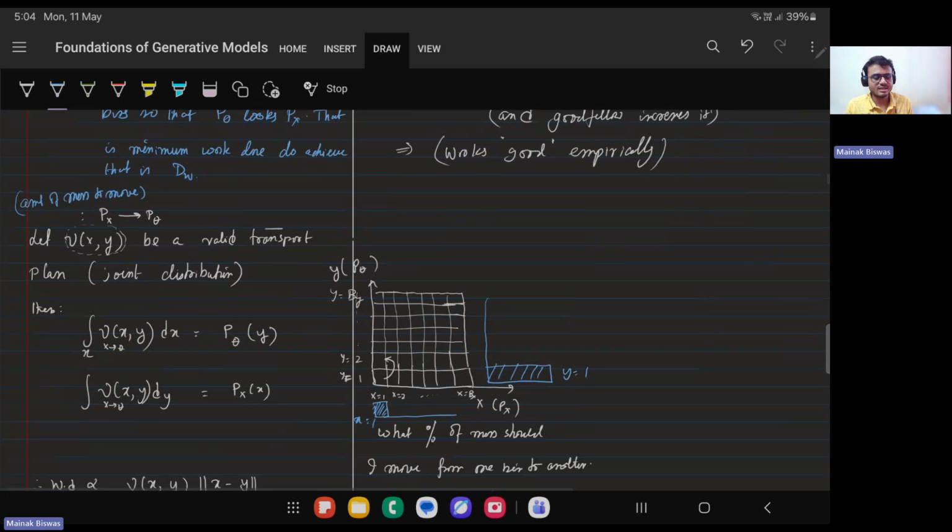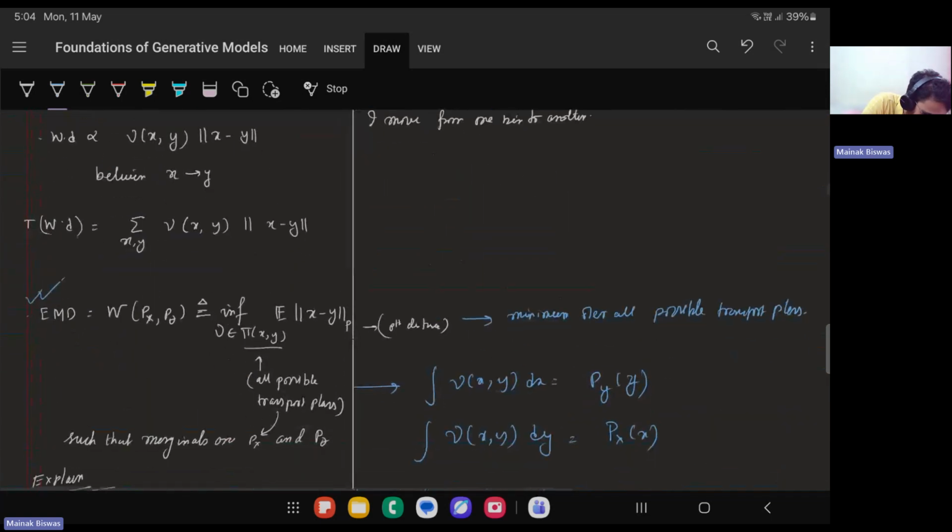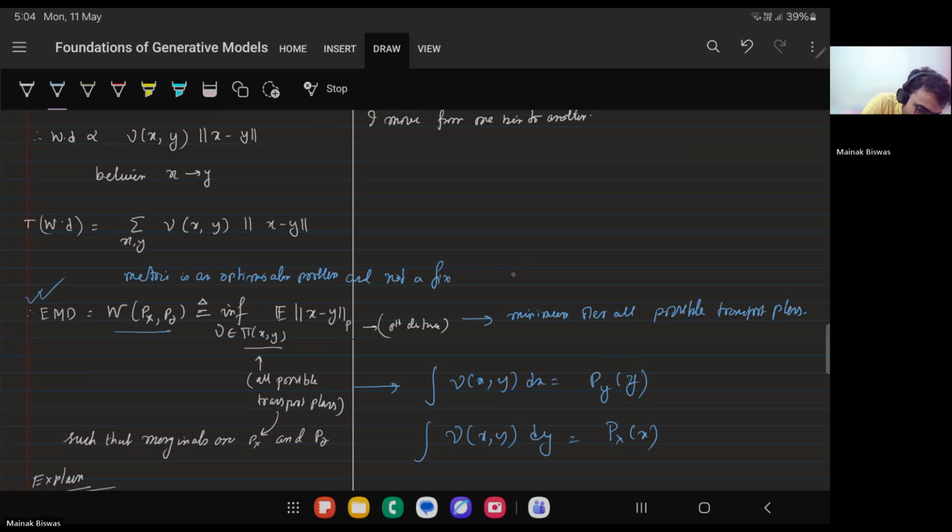So you can clearly see that this metric that I have defined is an optimization problem, and not a fixed value or fixed function like KL or JS, which often has convex or asymptotic behavior at the end.